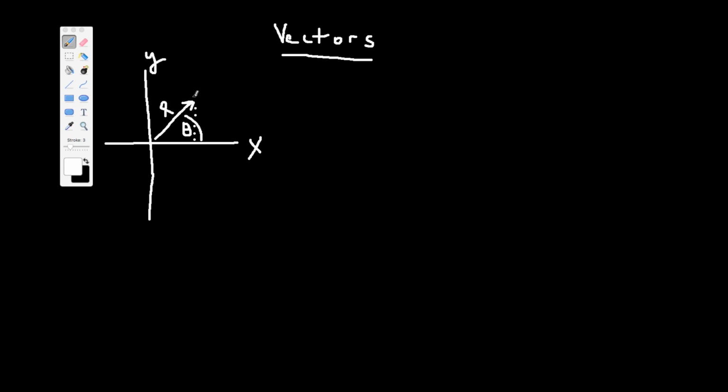So what we have is we can go ahead and assign this to be the vector v. And if we go ahead and say that this point right here is (2, 3), the point that it ends at, and the point where it starts is (0, 0), right, because it's the origin, we can say v is equal to ⟨2, 3⟩, the vector.